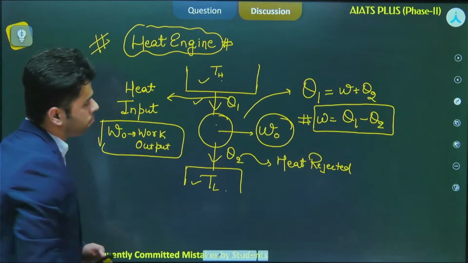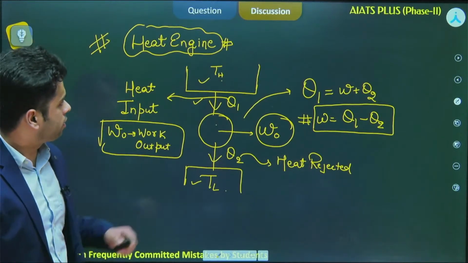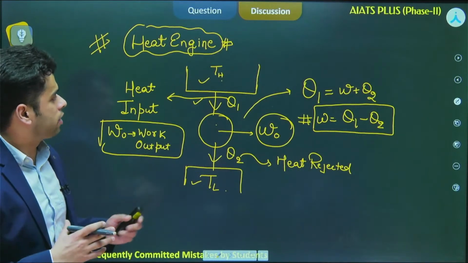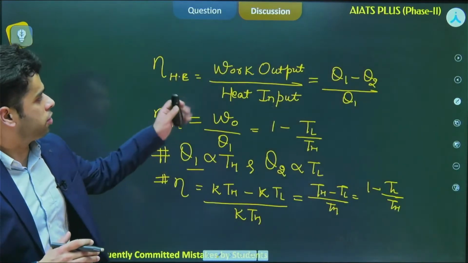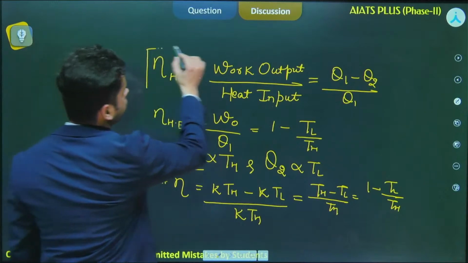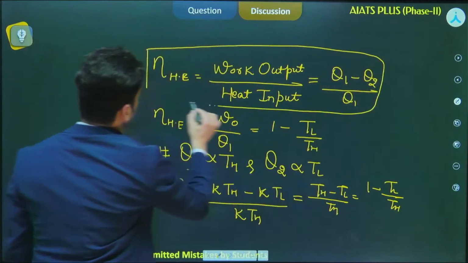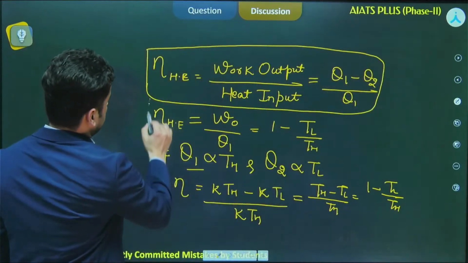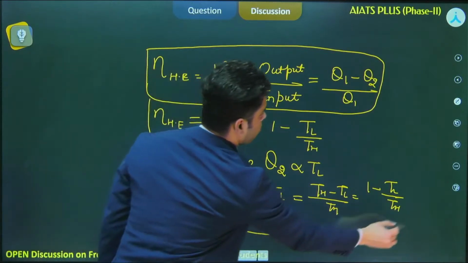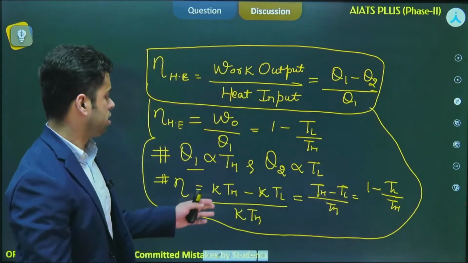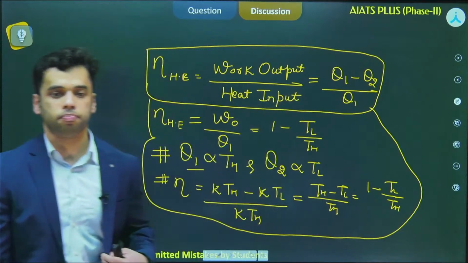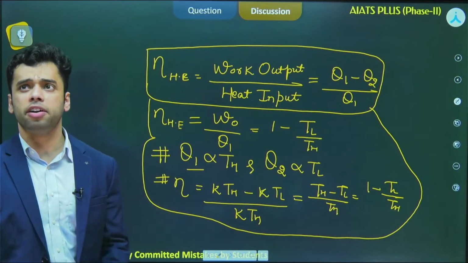No reply. So dear students, this is how you deal with heat engine. That is the formula of efficiency that you need to keep in mind to deal with such problems, right? And that's how you merge the Carnot efficiency with the general efficiency, right?